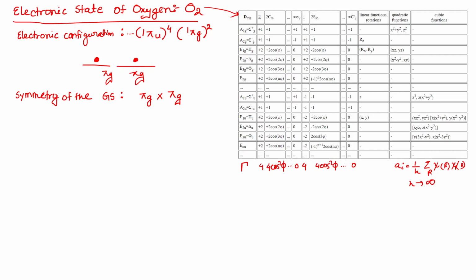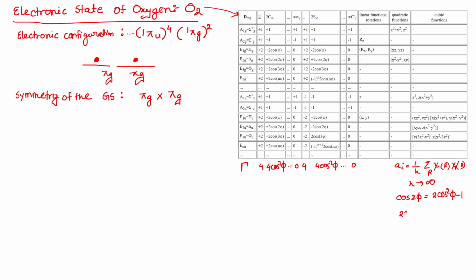So what I'm trying to say is that all the constituent irreducible representations will have g. So you can forget about the u things. You need to look at only these things. And another thing: it is 4 cos square phi. You already know how to get that, I guess, right? You know what cos 2 phi is, right? Cos 2 phi is 2 cos square phi minus 1, right?